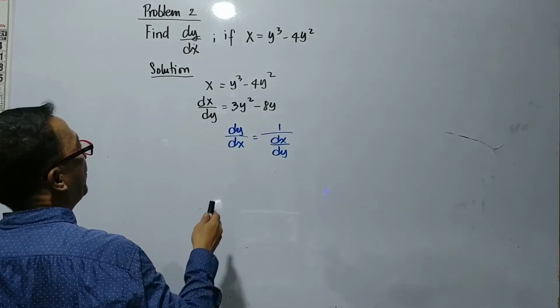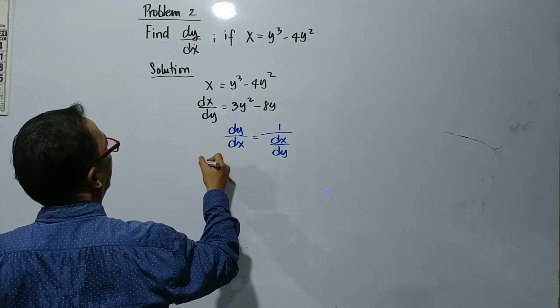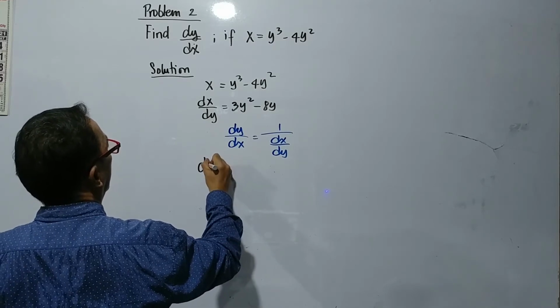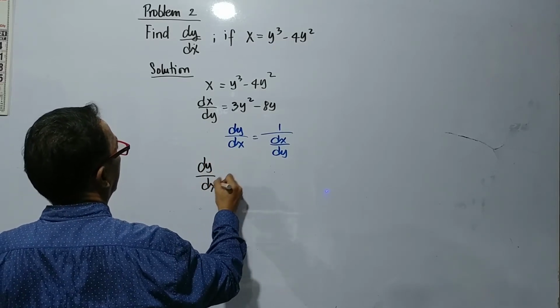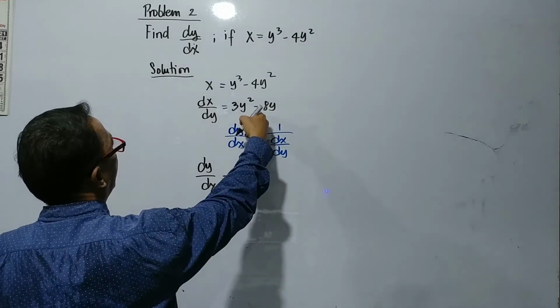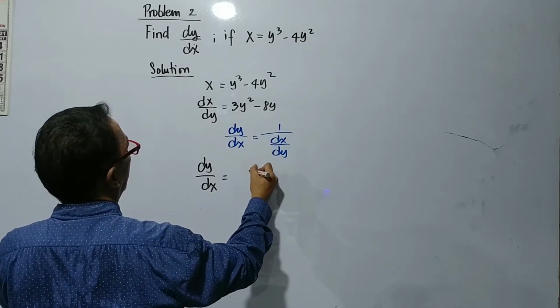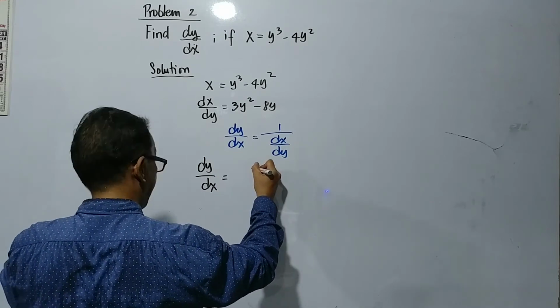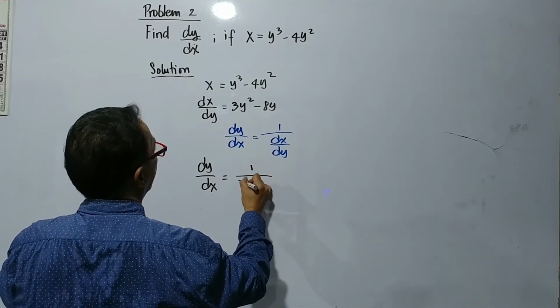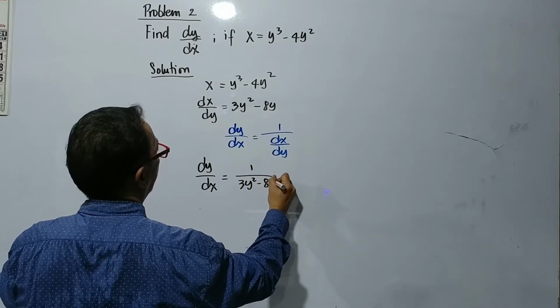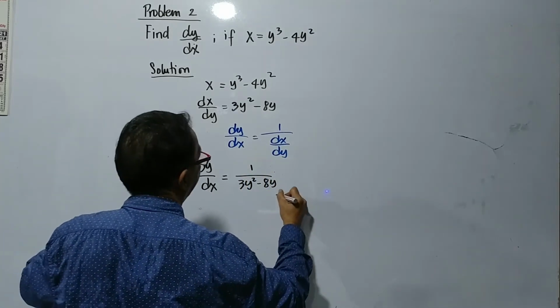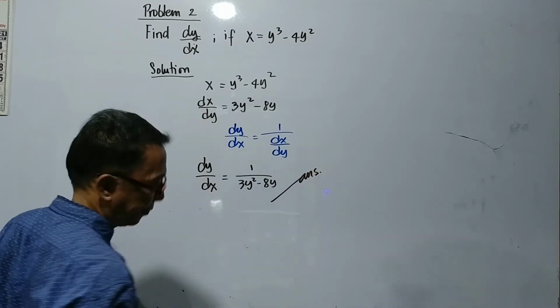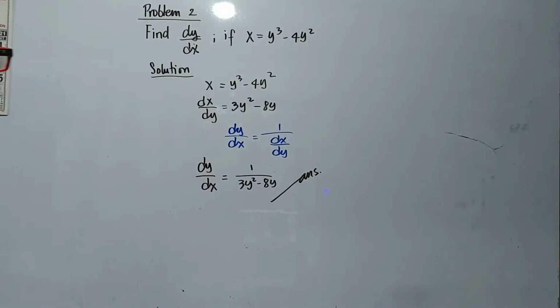So applying that formula, we have now dy/dx, just take the reverse, which is 1 over 3y squared minus 8y. So that's the answer. We have dy/dx equal to 1 over (3y squared minus 8y).